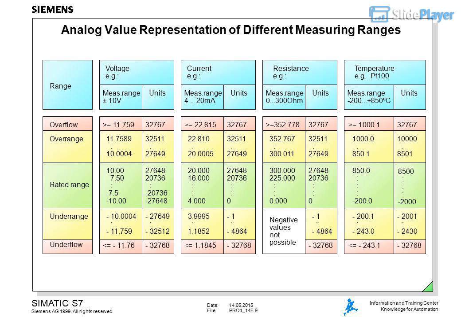Rated range: 10.00, 7.50, minus 7.5, minus 10.00, 27,648, 20,736, minus 20,736, minus 27,648. Underrange: minus 10.0004, minus 11.759, minus 27,649, minus 32,512.